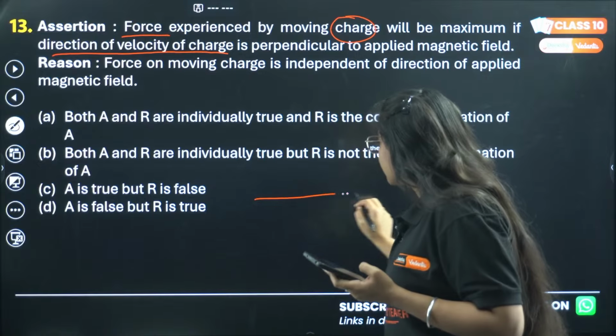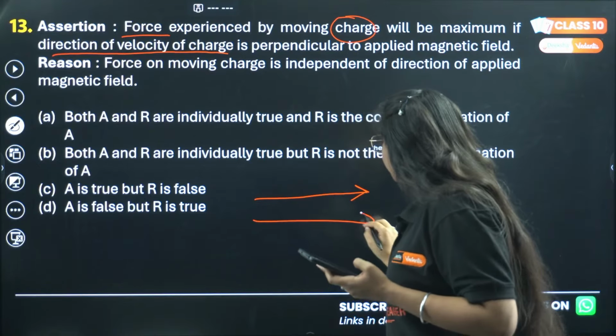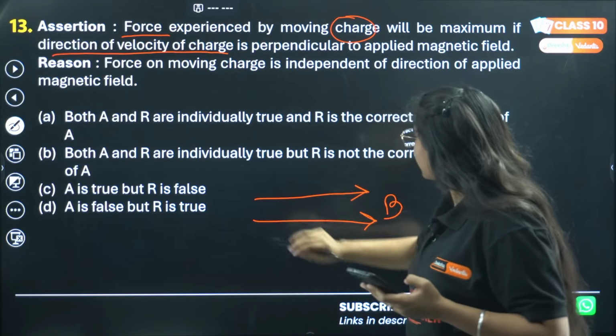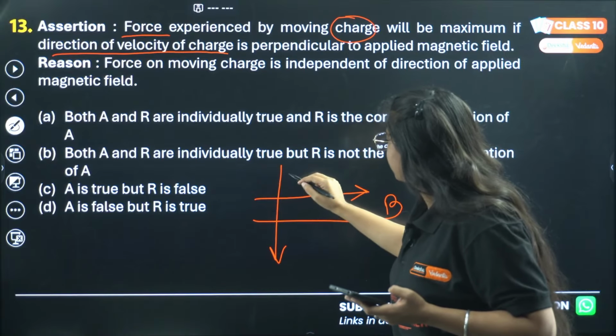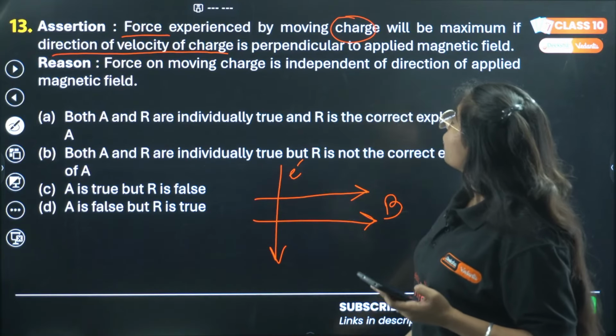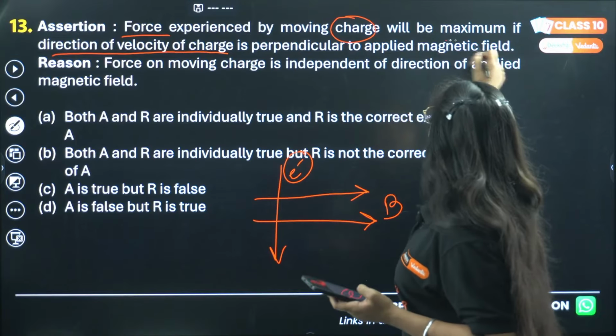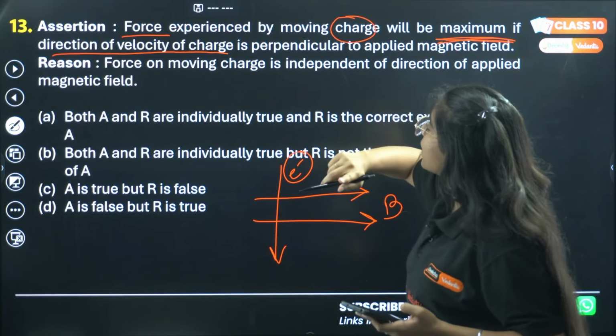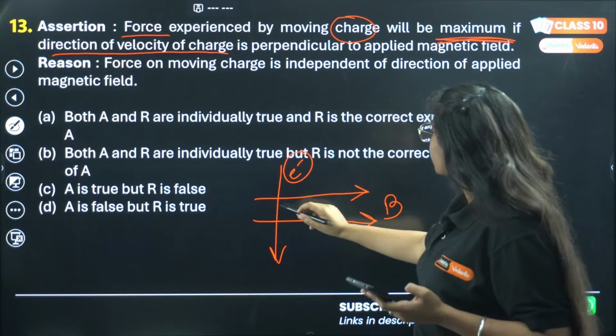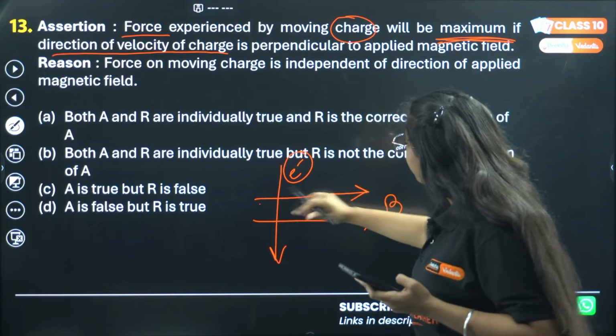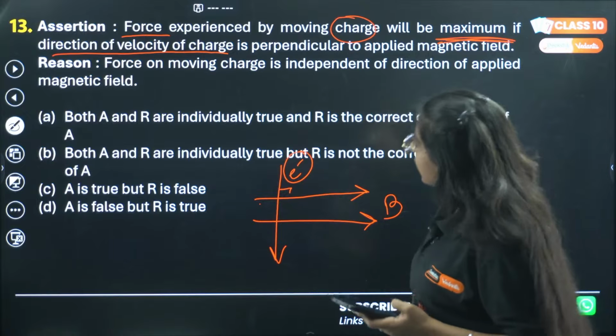Let's say this is my magnetic field, and this is my charge, let's say an electron. They are saying that the force will be maximum if the direction of velocity of charge is perpendicular to the magnetic field.